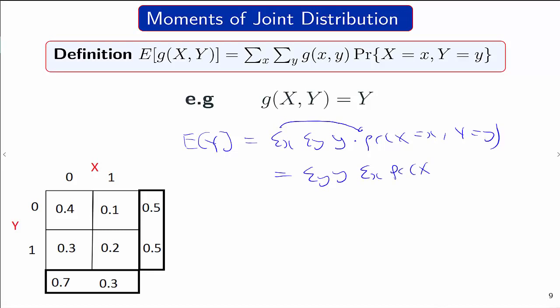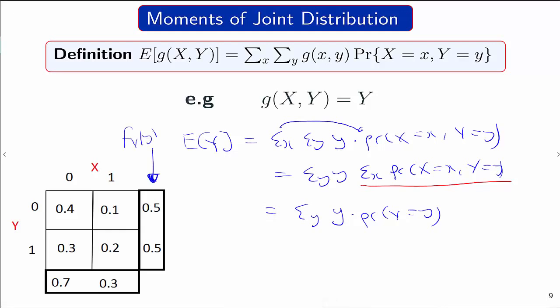And again, we can see this term is just the joint density summed across x, which by definition is just the marginal distribution of Y, times the probability Y equals y. And again, we have the density for Y here, this is just f_Y(y). So we have 0 times 0.5, the probability Y equals 0, plus 1 times 0.5.